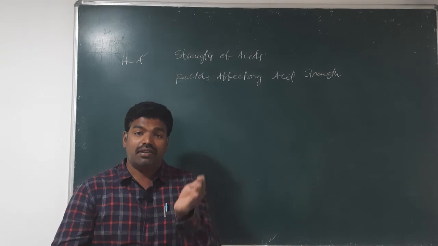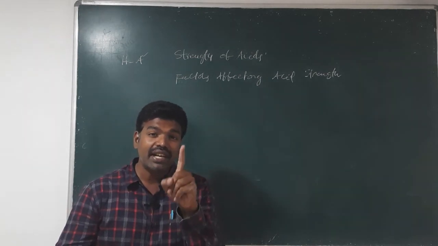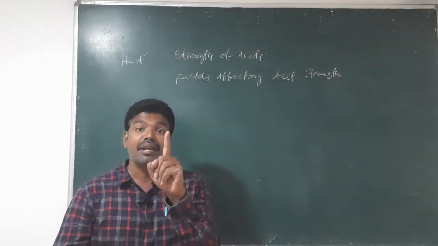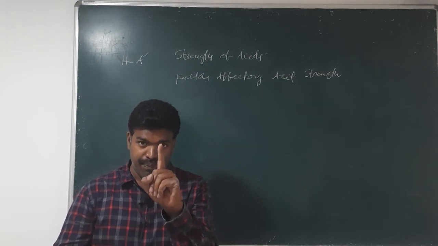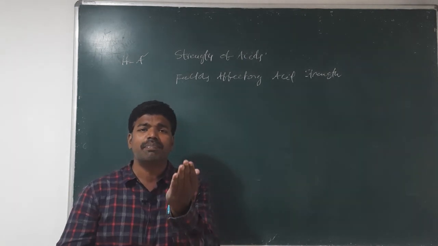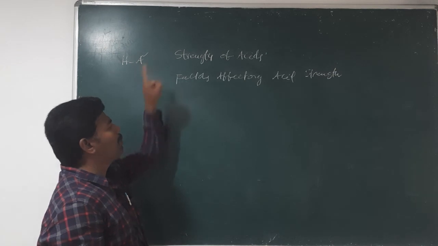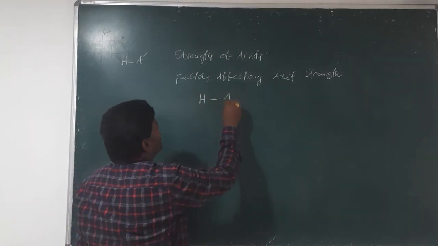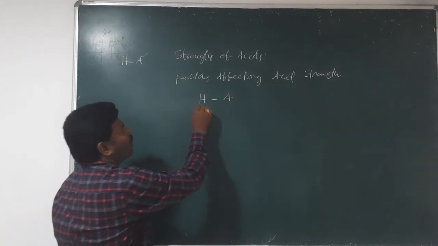Already I told you a Bronsted acid is represented by HA, where A is a non-metal. So, the strength of the Bronsted acid depends on the HA bond.